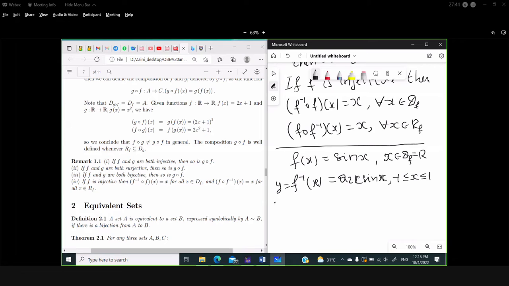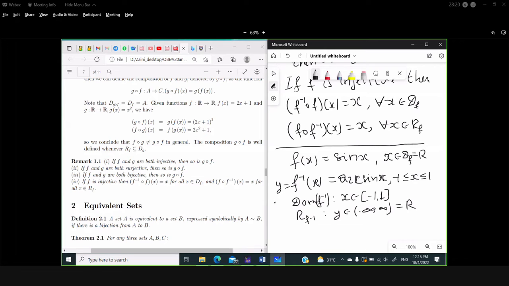This is the domain of f minus 1: -1, 1. What about the range? You remember, the range RF minus 1 is from minus infinity to plus infinity. So y varies from minus infinity to plus infinity, or we can call it R. So this is the range of f minus 1.